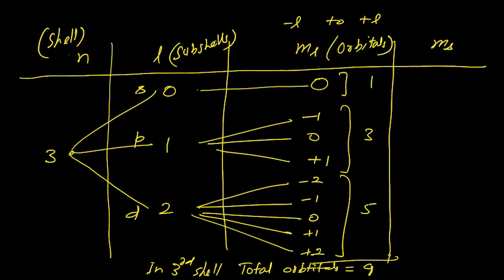But if it is asked how many orbitals will be there in any particular shell, there is a formula: n square. Number of orbitals in a shell is n square. So we don't need to do this every time; we can find it directly.